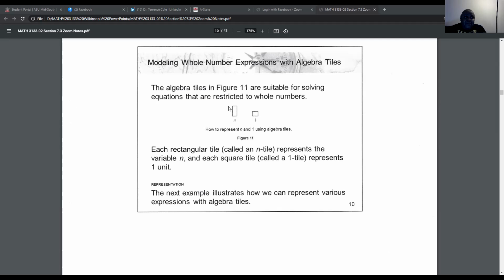That represents a variable n. And it's not just limited to n, it can be x or y or m. It could be any variable, any letter of the alphabet. And the square tile that you see here represents the 1 tile. Okay. That represents 1 unit.